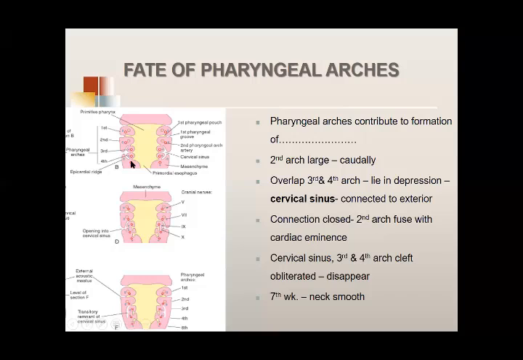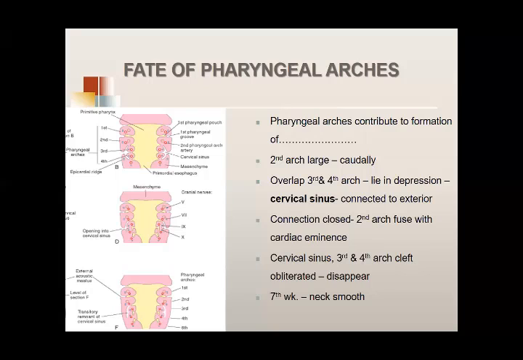अच्छा एक बात याद रखिए, एक तो मैंने आपको बताया था कि ये जो arches हैं, they develop from the neural crest mesenchyme, which travels in the region of the developing pharyngeal arches in the third week. But these arches begin to appear in the fourth week.